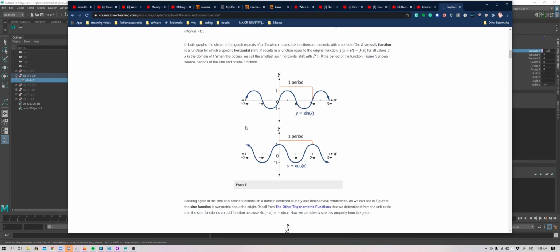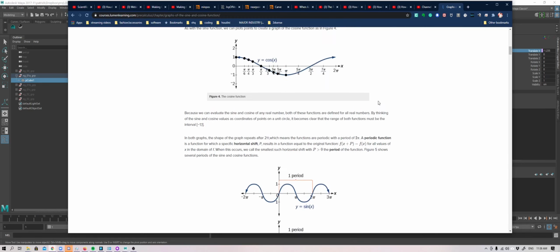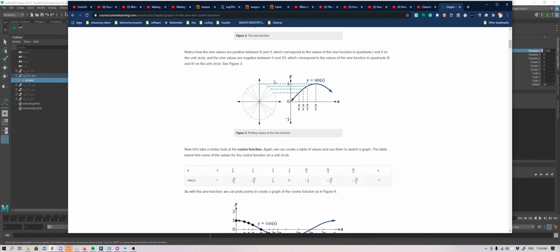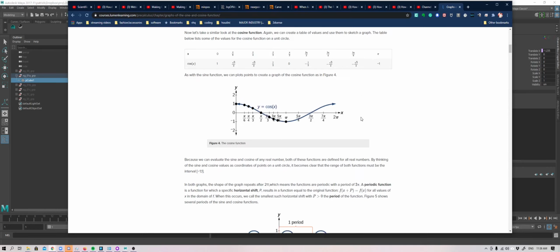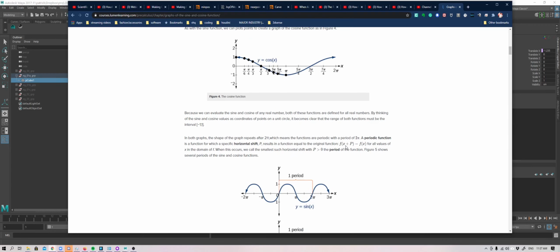Taking a look at the graph, the sine and cosine curves are part of the trigonometry functions that are related to the angles in the circle. As we plot our value in y, and as it travels along in x, you'll see a repeating pattern like that.